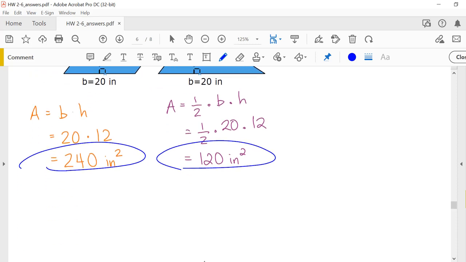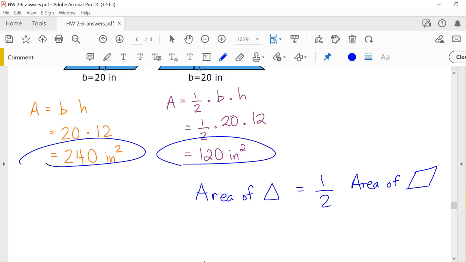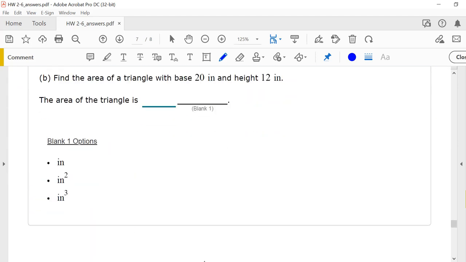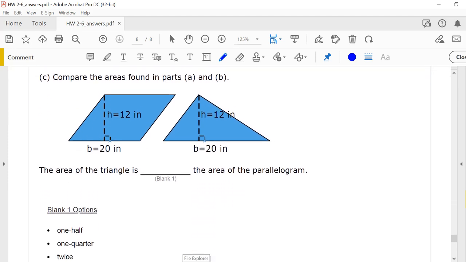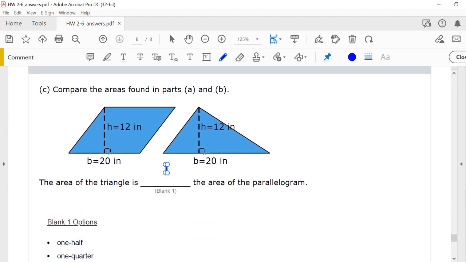Well, the area of the triangle is 1/2 the area of the parallelogram. So let's see what they're wanting down here for part C. The area of the triangle is 1/2 the area of the parallelogram. That's it.